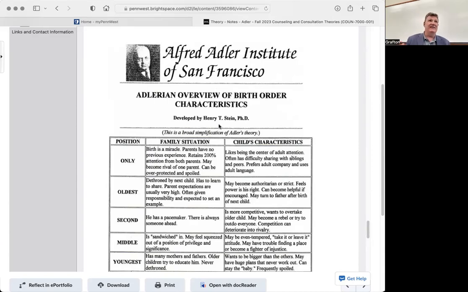So he is considered a family systems theorist, but we're not going to include him on your exam that includes family theory. There's enough other more modern theories on family systems.